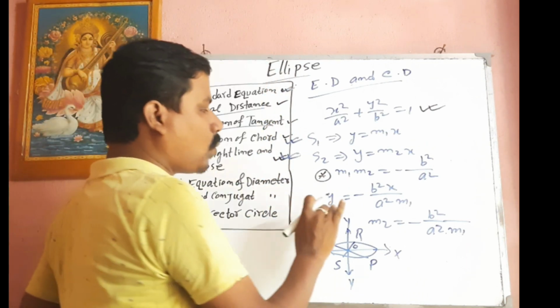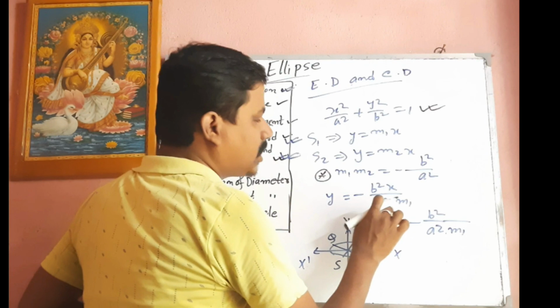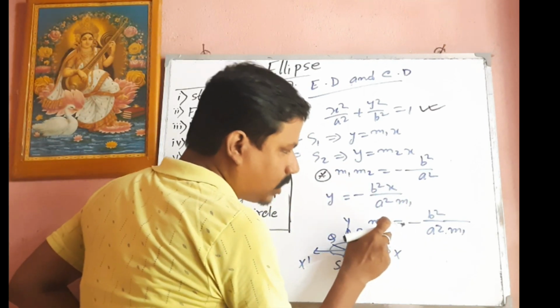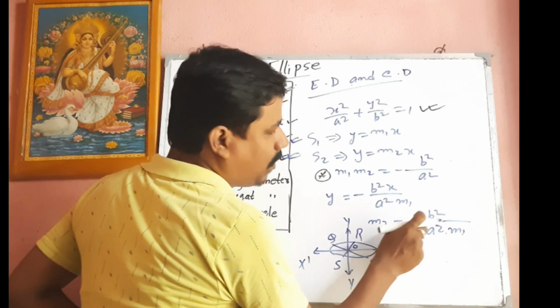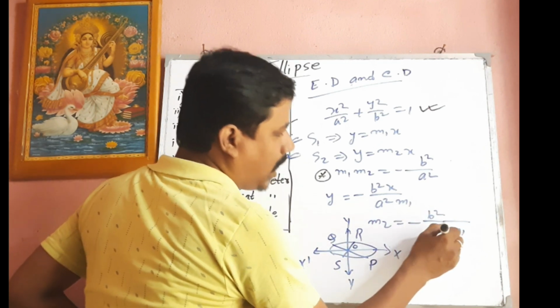We get the equation y is equal to minus b square x divided by a square m1, whereas m2 is equal to minus b square by a square into m1.